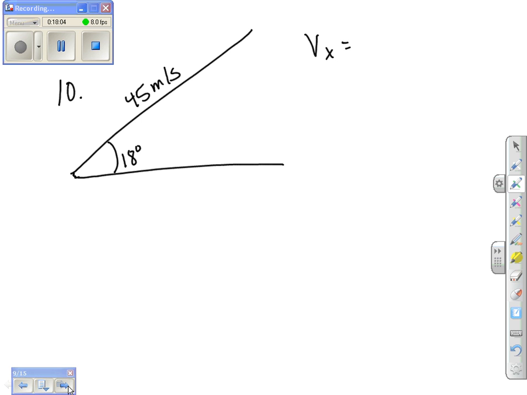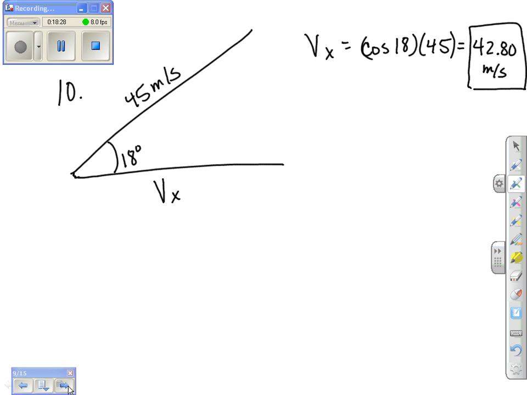Vx equals, okay, well, that means I want to find this down here. So Vx is my adjacent, so I'm going to say cosine of 18 times my 45 should give me an answer of 42.80 meters per second. So there's my answer for A. We then want to solve for the Vy.